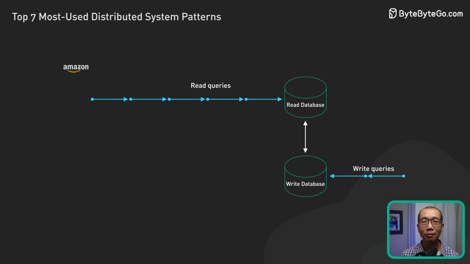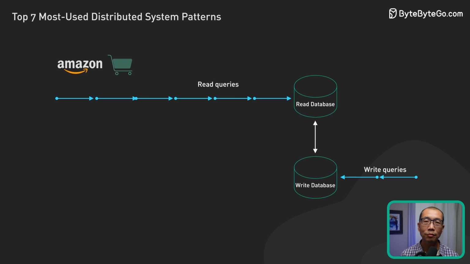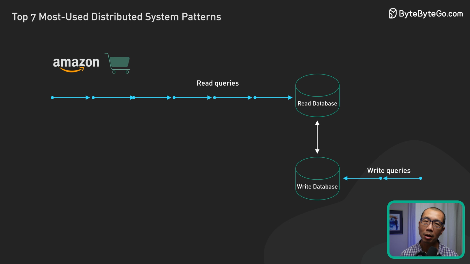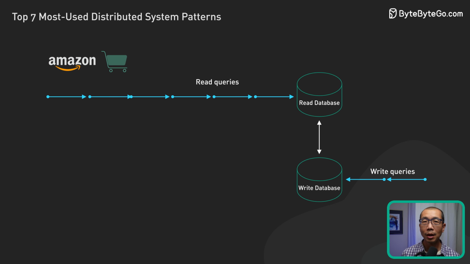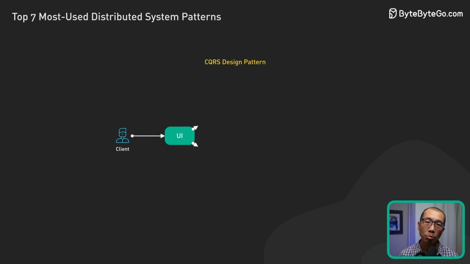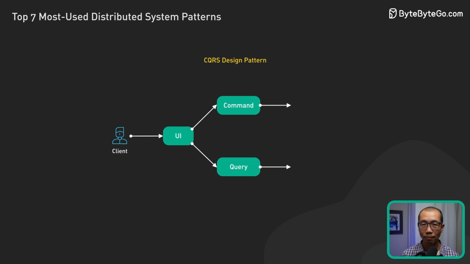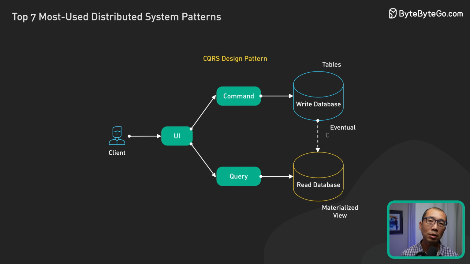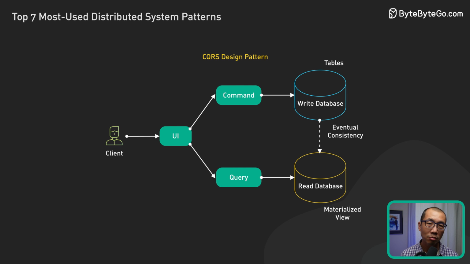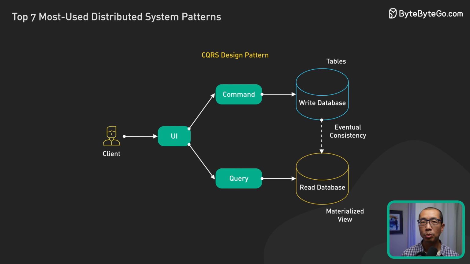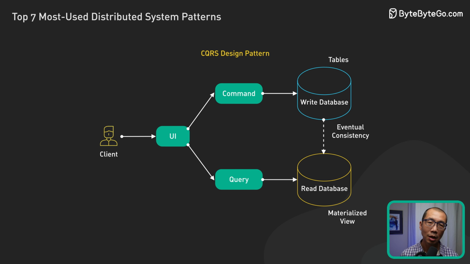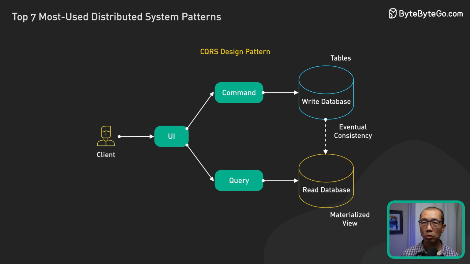An e-commerce platform might have high read requests for product listings, but fewer write requests for placing orders. CQRS allows each operation to be handled efficiently. This pattern becomes especially valuable in systems where read and write operations have different performance characteristics, with different latency or resource requirements.